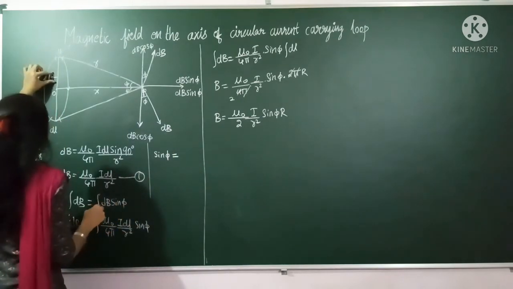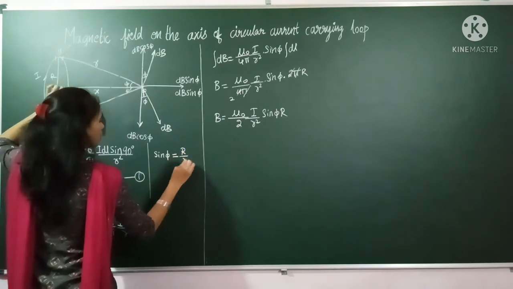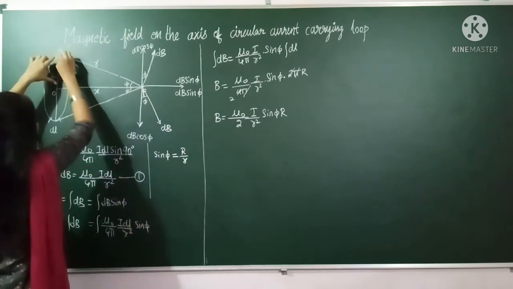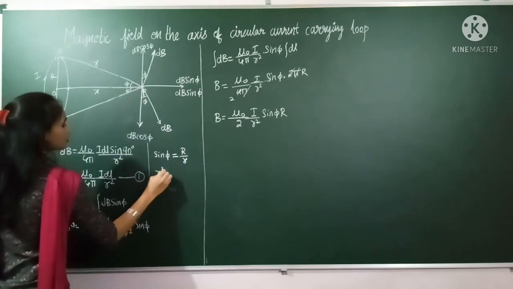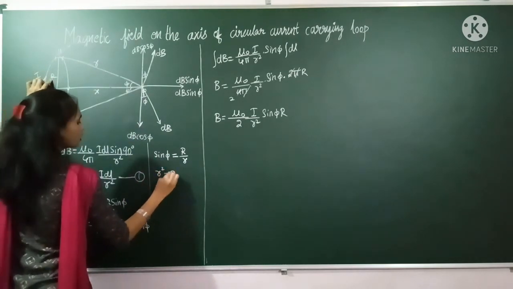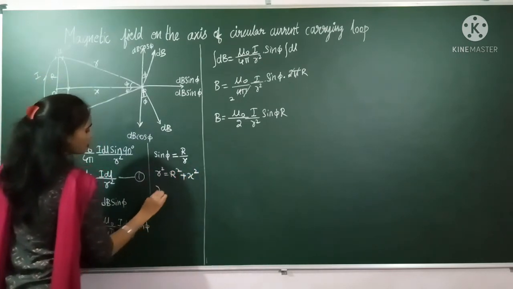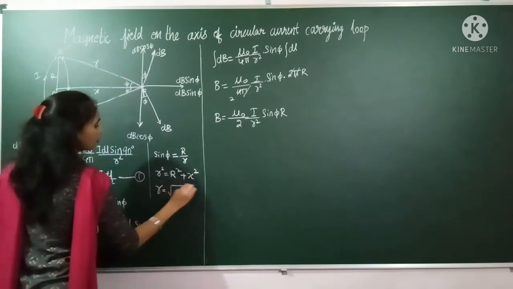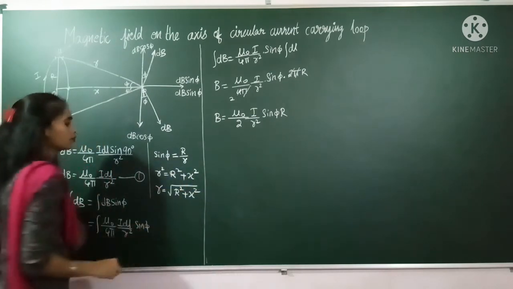So perpendicular is capital R and hypotenuse is small r, so we take R by r. Next, in this same triangle, if you apply the Pythagoras theorem, r² is equal to R² plus x². If you want to write the r value, it will be the square root of R² plus x².